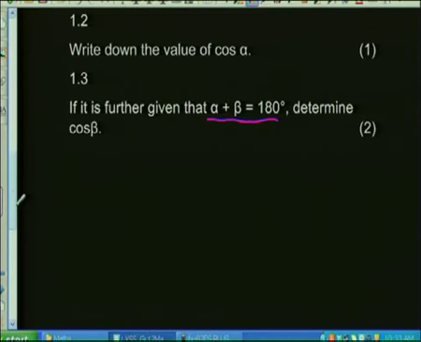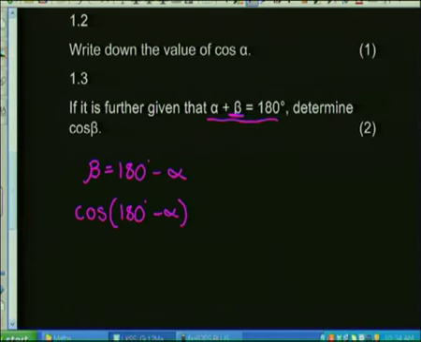And by now, you should be comfortable with making beta the subject of the formula. This means that beta would be equal to 180 degrees minus alpha. And now, when we've got our cos beta, instead of having beta, we can substitute for the value of beta, which is 180 degrees minus our alpha.